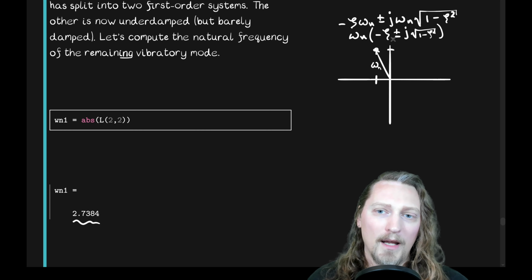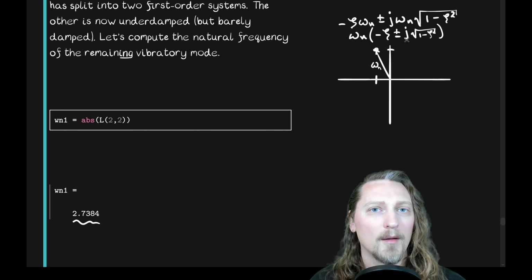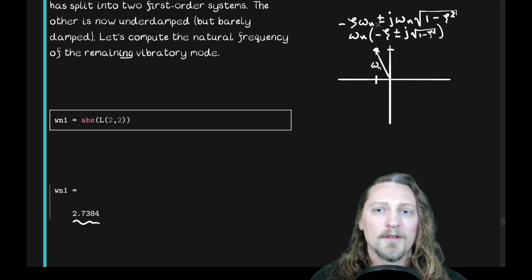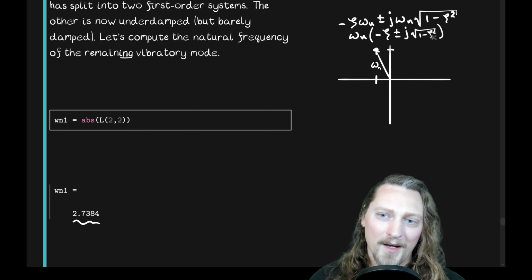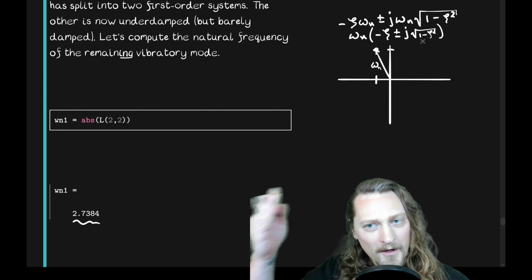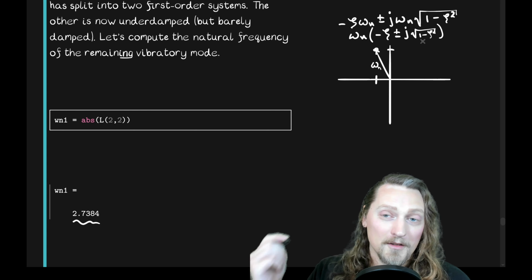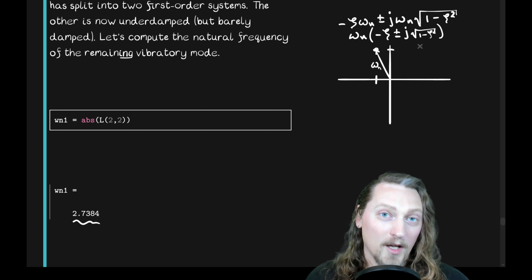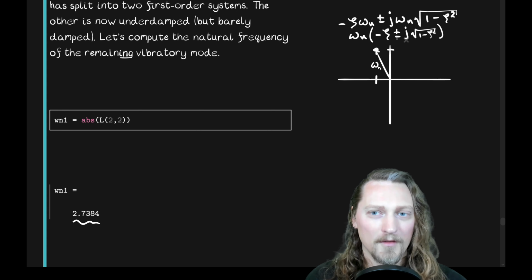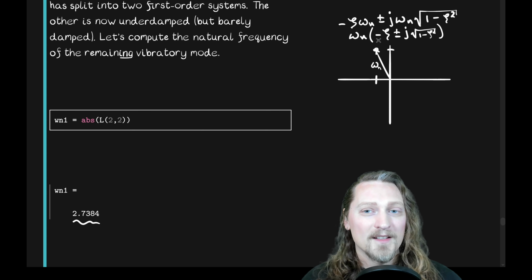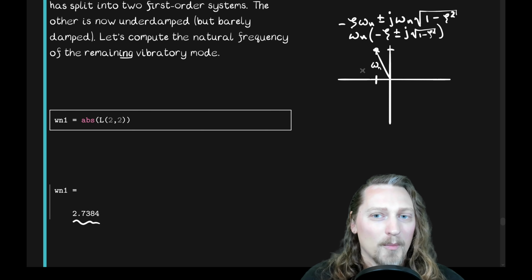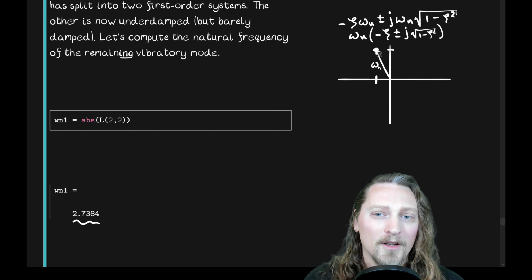Okay, so if you take the magnitude of this complex number, you get the square root of zeta squared plus the square root of 1 minus zeta squared, that whole quantity squared. You might be able to see it in your head, or you can scratch paper it, that the magnitude becomes 1. So the magnitude of this is 1, which means that if you scale it by omega n, the length is just omega n, so the magnitude is omega n.